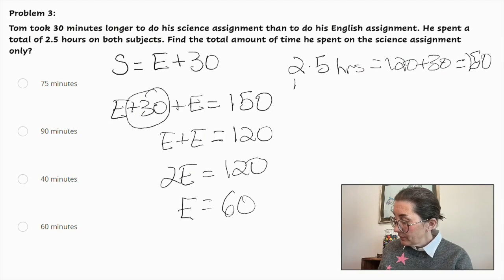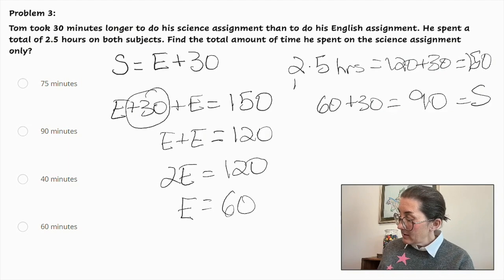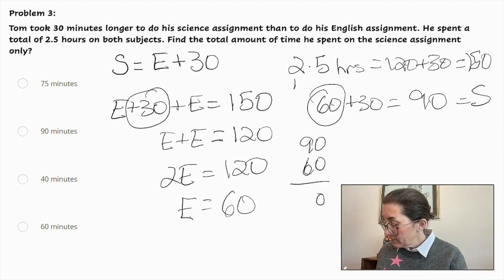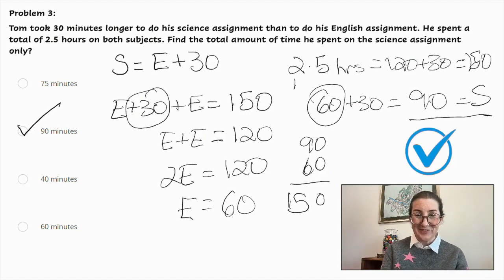E equals 60 plus 30 equals 90 minutes on his science. And that would be 60 on his English. Do 60 and 90 add up to 150? They do indeed. So he spent 90 minutes on his science, and that is the correct answer.